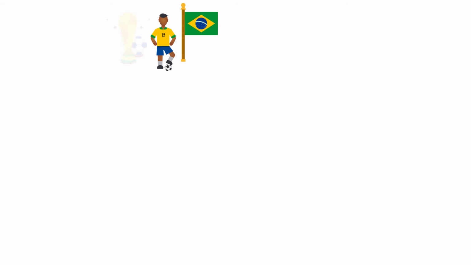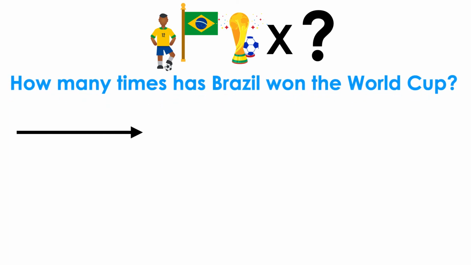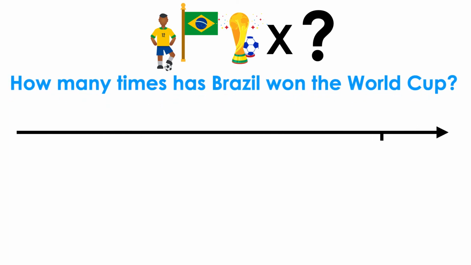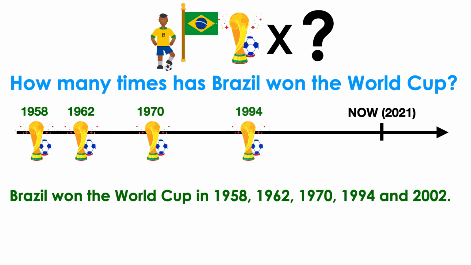So let's look at one more example to make sure you understand this. Someone might ask, how many times has Brazil won the World Cup? So Brazil won the World Cup in 1958, 1962, 1970, 1994, and 2002.